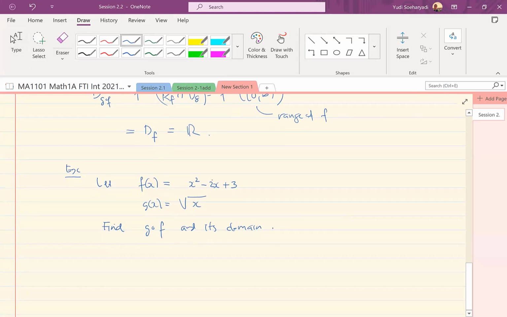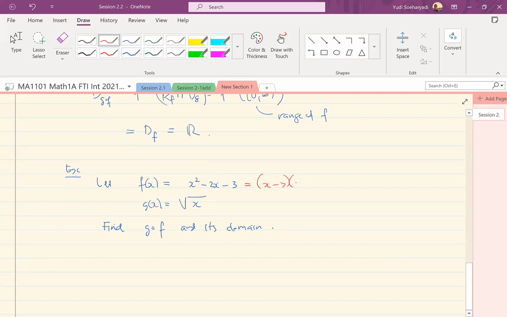So how to find the domain and range of F in this case? Let's see. How do you factor this one? Oh, sorry, not 3. This is minus. Okay. So when you factor, you get what?